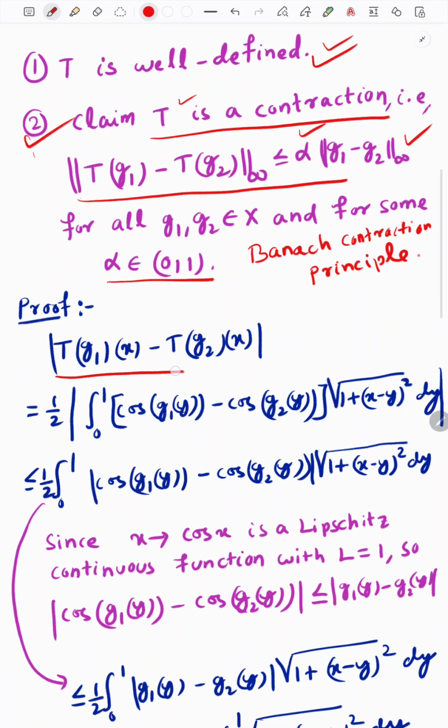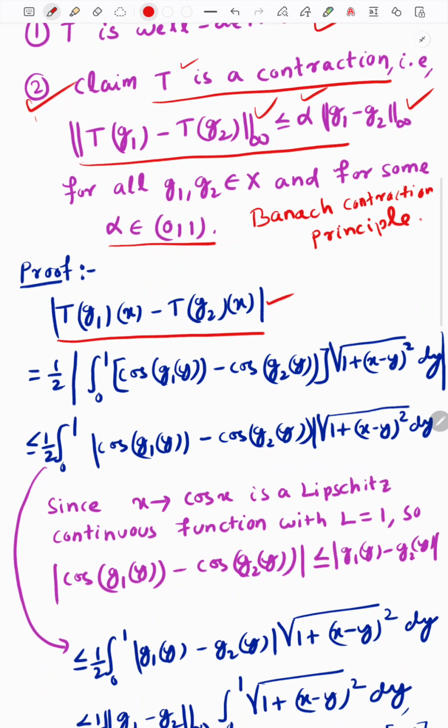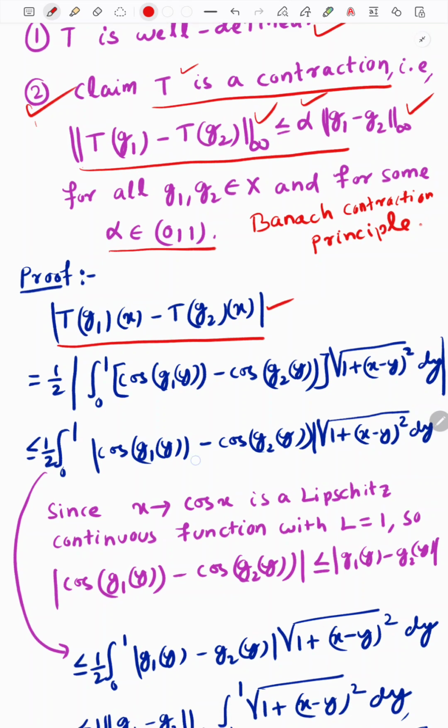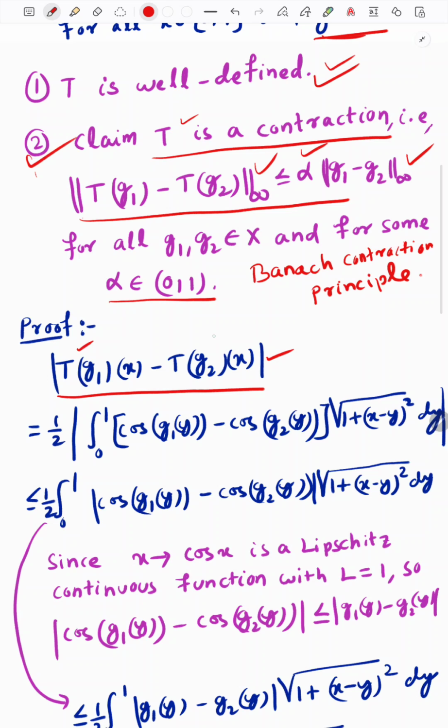So we will start from this difference, because this supremum norm is nothing but the supremum of this difference quantity. Then we will apply the definition of T of g1 and T of g2, and here g1 and g2 are continuous functions. These belong to the space X, the continuous function space associated with the supremum norm.